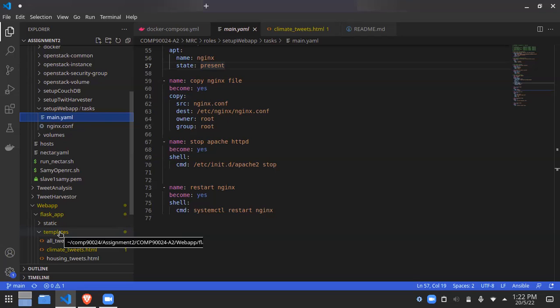Okay, so now let's start with the web app code, which is right here.